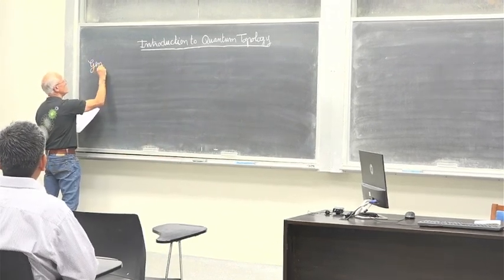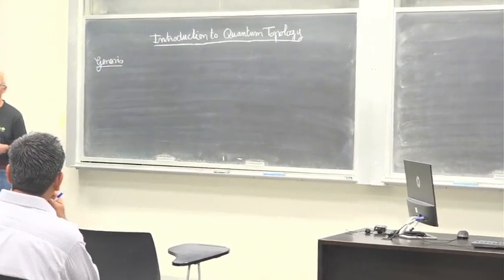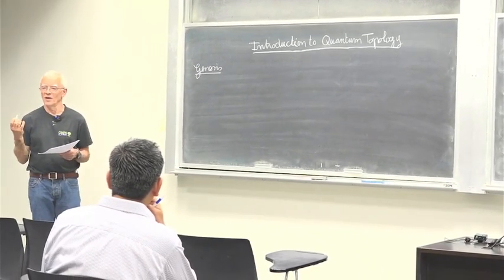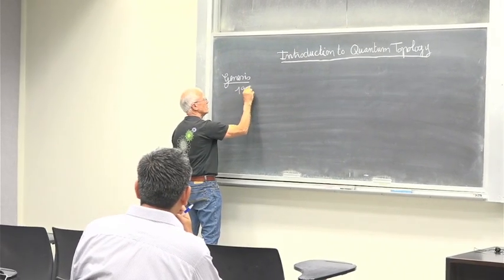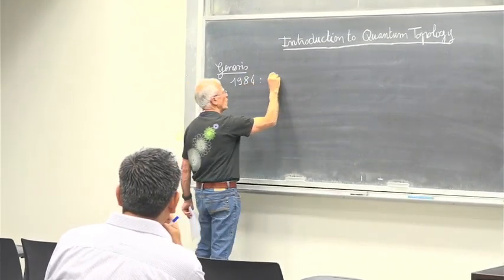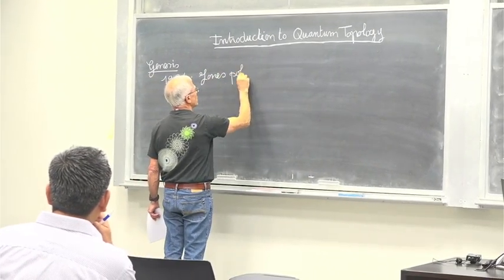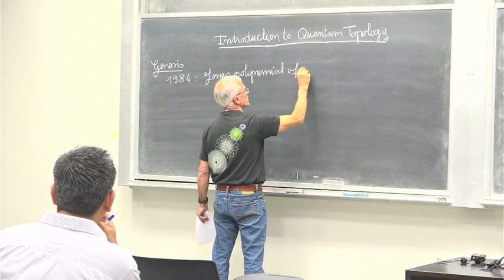Because it's an introductory talk, maybe it's good to have a certain genesis of the domain. The first date is 1984, where Vaughan Jones invented the Jones polynomial of knots and links.